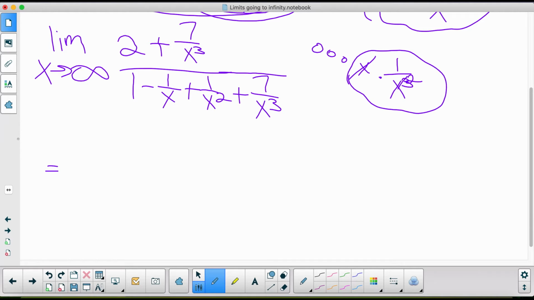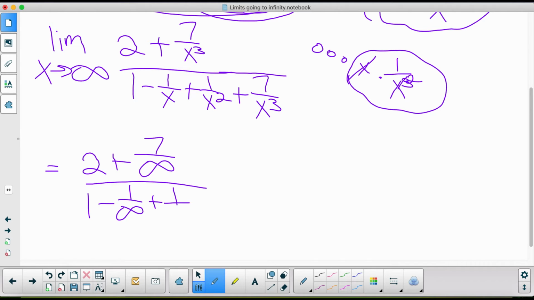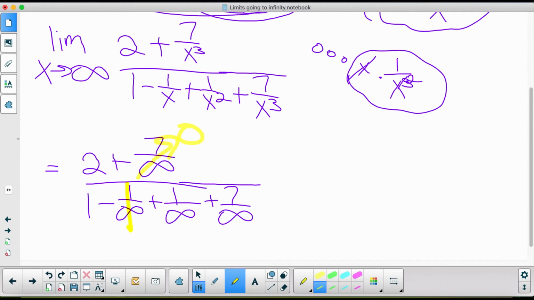So we will have 2 plus 7 over infinity cubed, which is just infinity, 1 minus 1 over infinity, plus 1 over infinity squared, plus 7 over infinity cubed. And you're all hopefully getting super excited because you see that this guy goes to 0, this guy goes to 0, so does this one and this one. And so you are left with 2 over 1, which is 2.